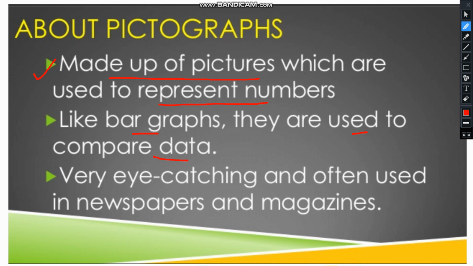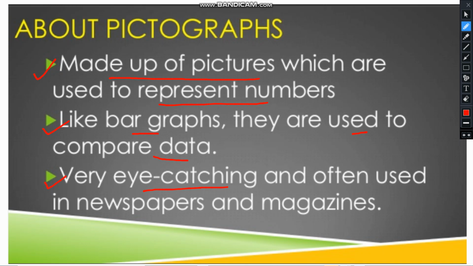Then the third special feature about a pictograph is that they are very eye-catching because pictures are used here like hearts, apples, stars, smileys, many things can be used. The pictures are very eye-catching because they are colorful and attractive.